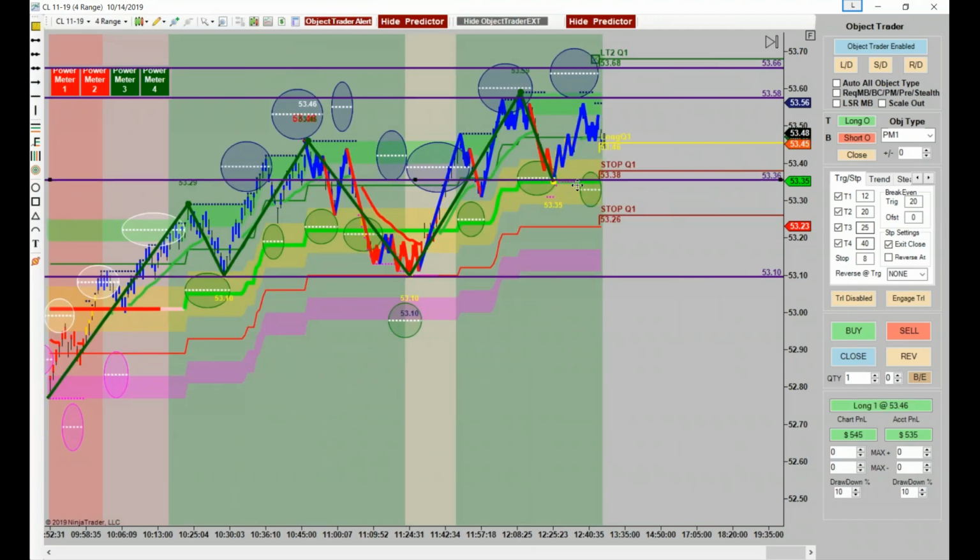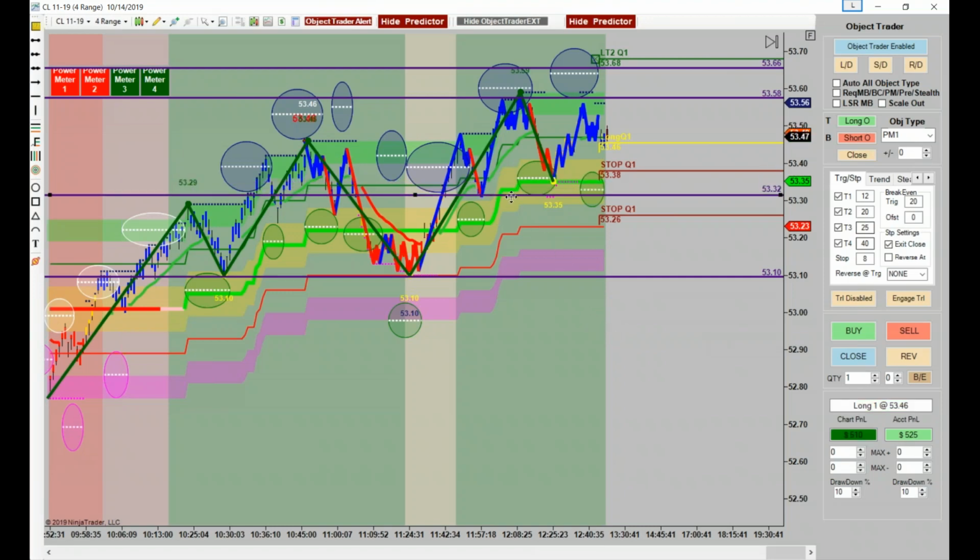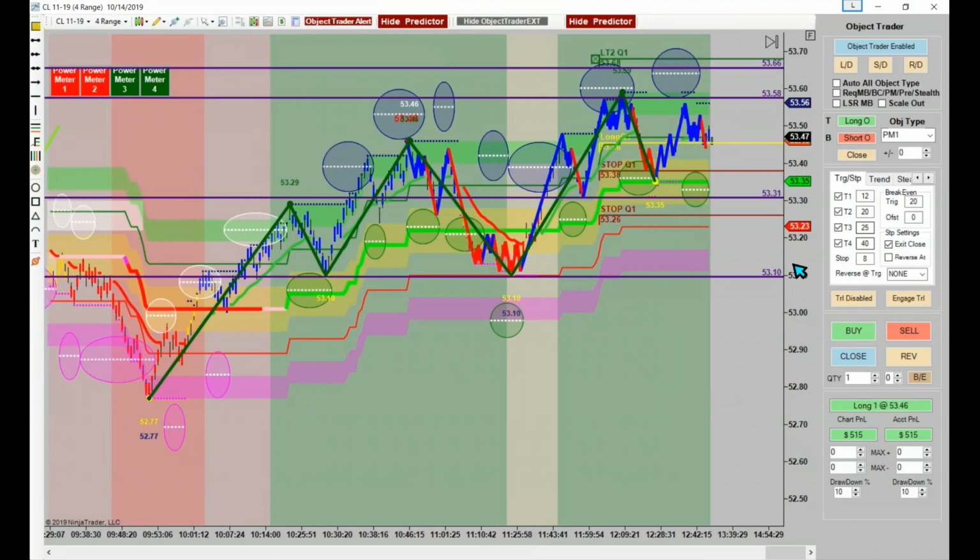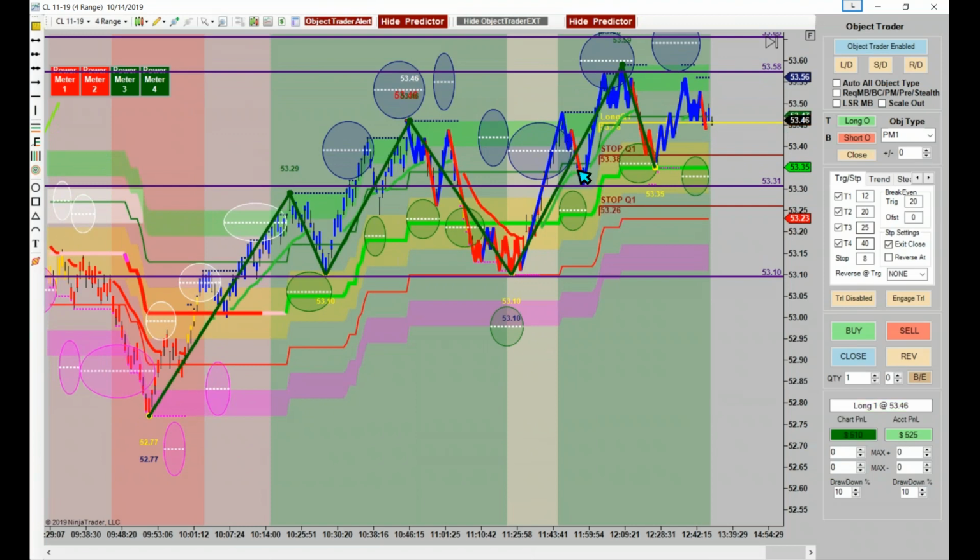You got support right here at 35, right? Your identified swing is right here at 31. So what do you think? High, low, higher high. That's your identified swing on the left. This one is a high, low, lower high, is not established just yet.